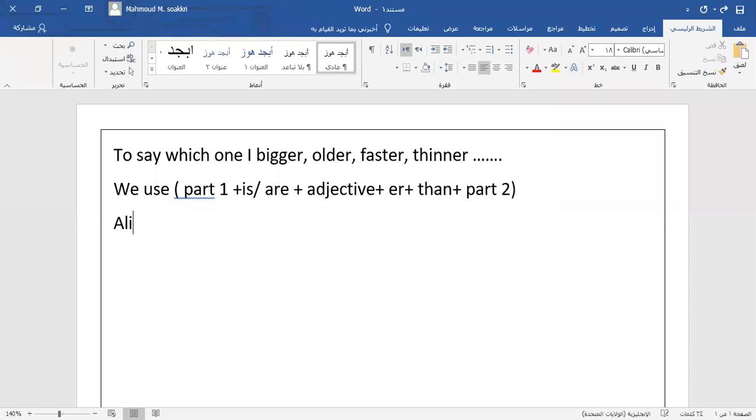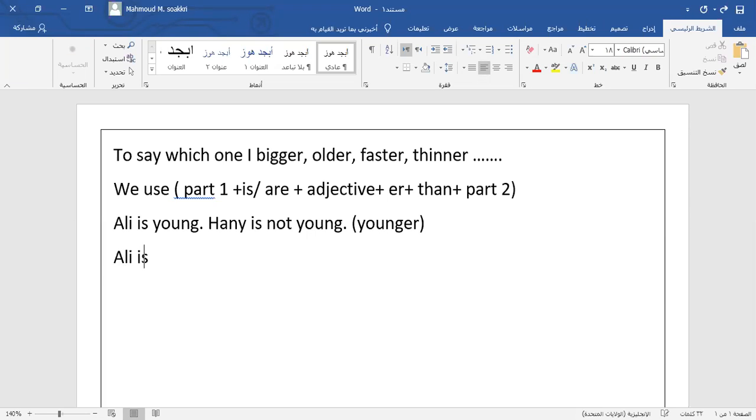Ali is young. Hani is not young. We want to use younger. So I start with part 1. Part 1 is Ali. After this is or are.